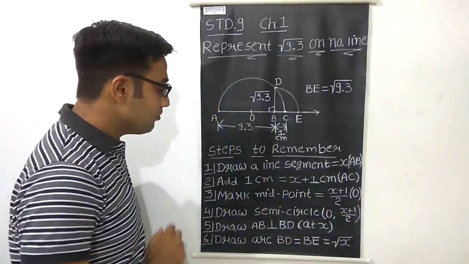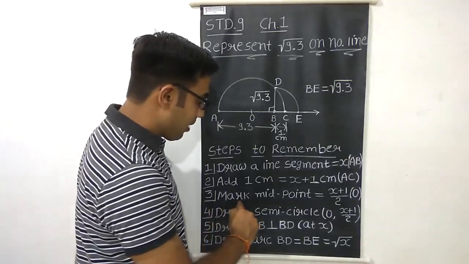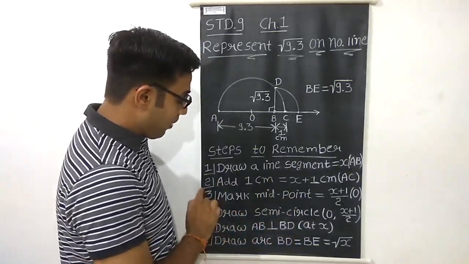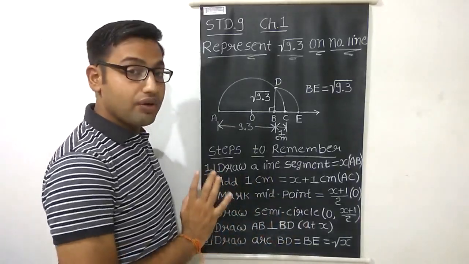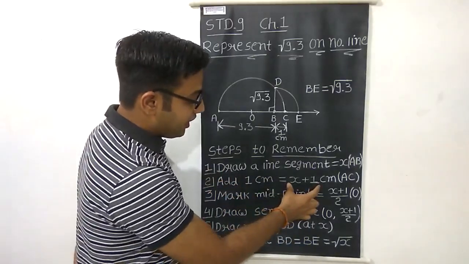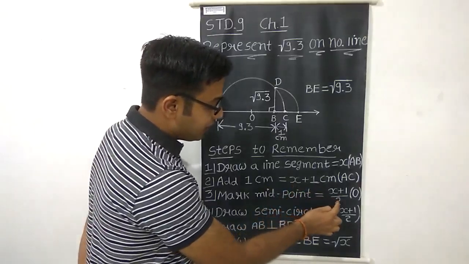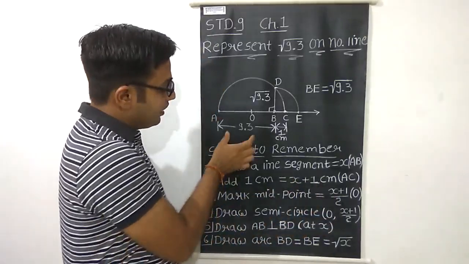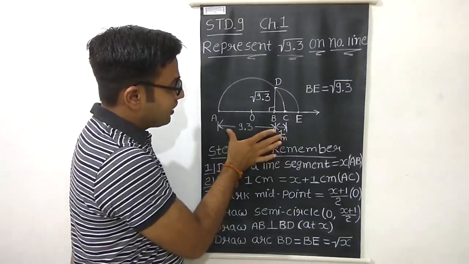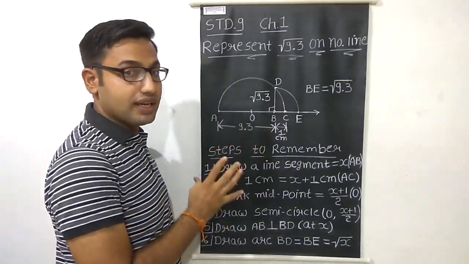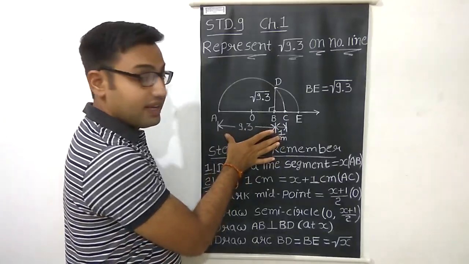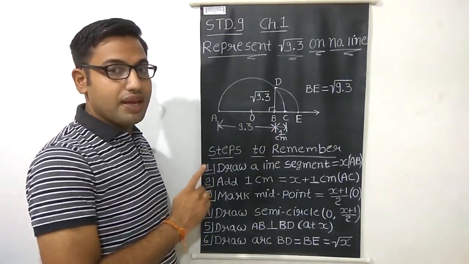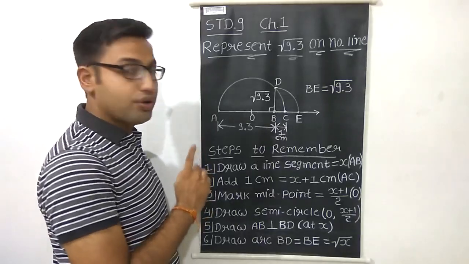The third step is to mark the midpoint. To mark the midpoint, we divide this total distance by 2. The total is 10.3, so we take the midpoint of 10.3, and that will be approximately 5.2.